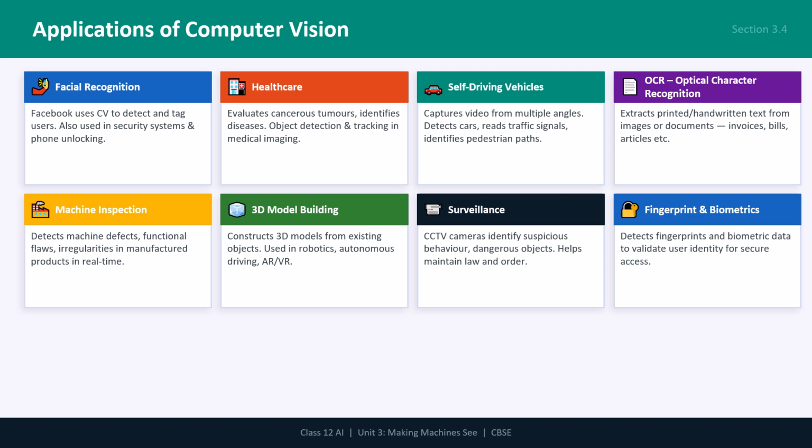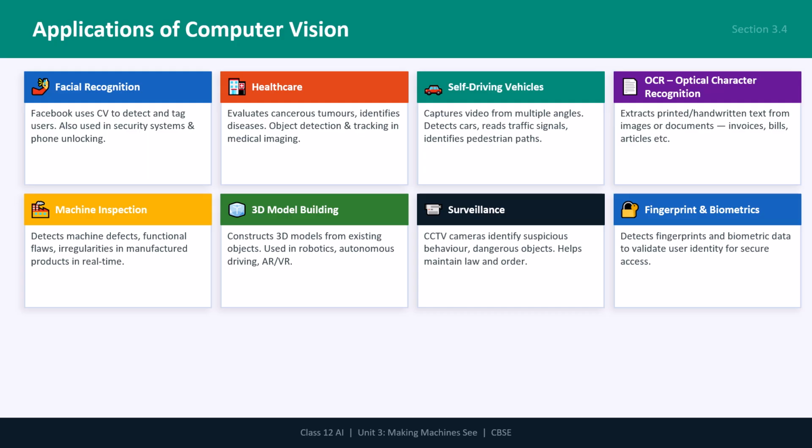Machine inspection. On a manufacturing line, CV checks thousands of products per minute for defects, features, and functional flaws, far faster and more accurately than any human. 3D model building. Constructing 3D computer models from real objects, used in robotics, autonomous driving, AR and VR.